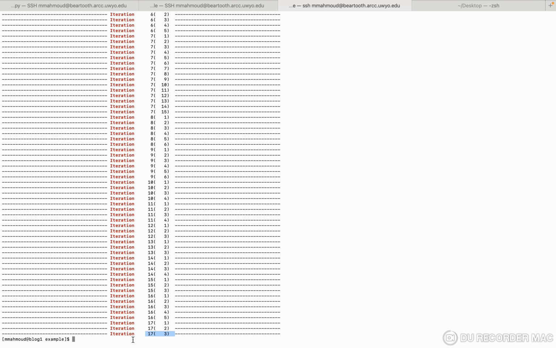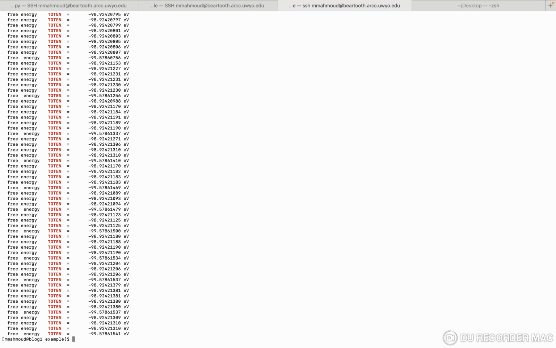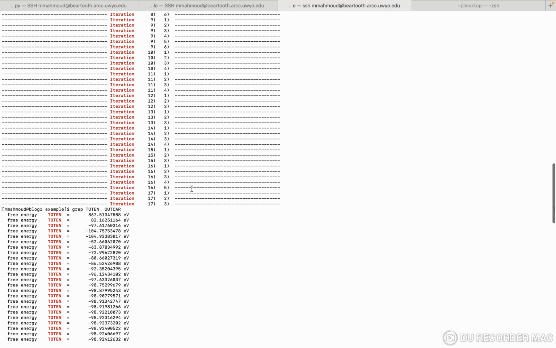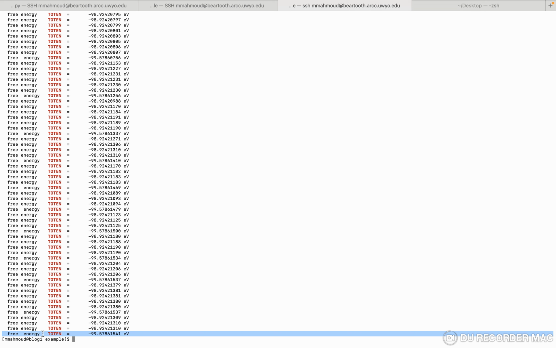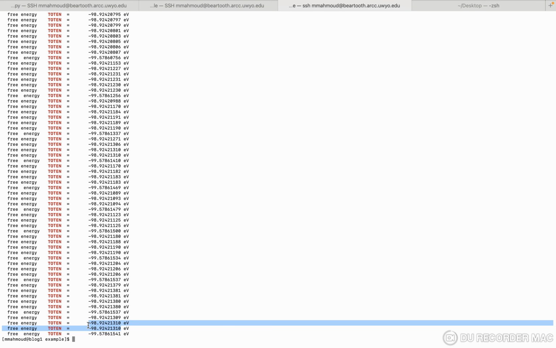If I use the same command with total instead of iteration, these are the energies related to each of these iterations. Don't consider this, consider this only. If you see these two, the difference between them is 0.